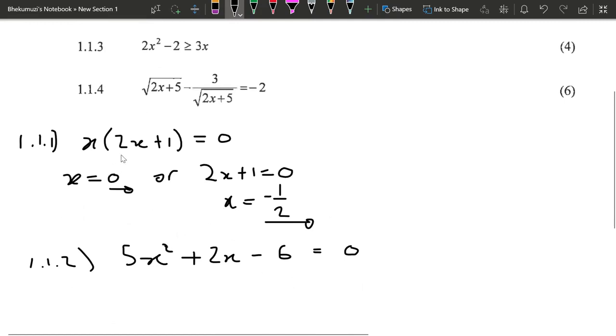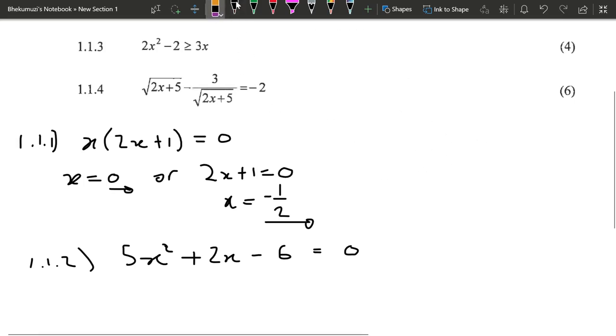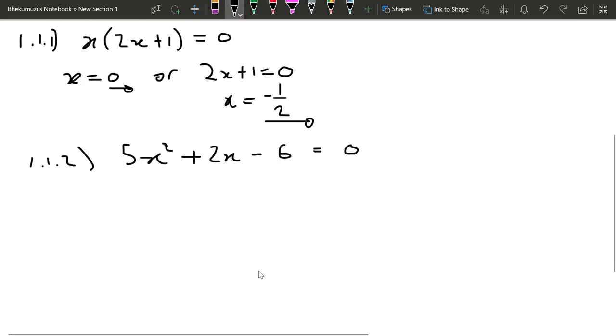When I talk about factors, I'm talking about two brackets, maybe 2x plus 1 and 3x minus 1, right? This is two factors. So the problem is that we can't actually find that. So since we can't, we should probably use the quadratic formula.